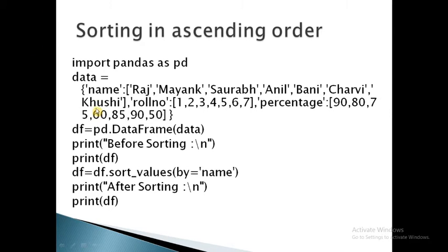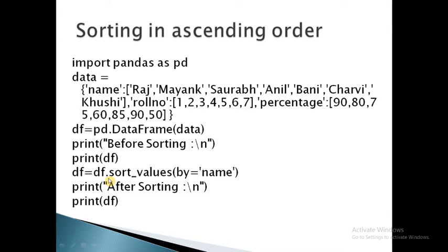Then we have this dictionary named data, which has names of 7 students, their roll numbers and their percentages. Now we are converting this dictionary to a data frame using the DataFrame function, as you all know from previous topics. Now we are writing what we have before sorting, and then after sorting.